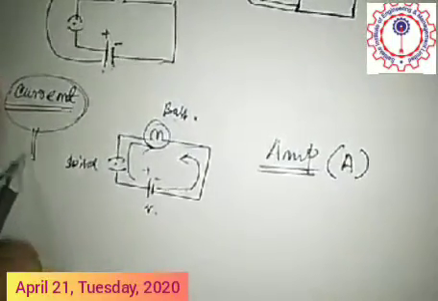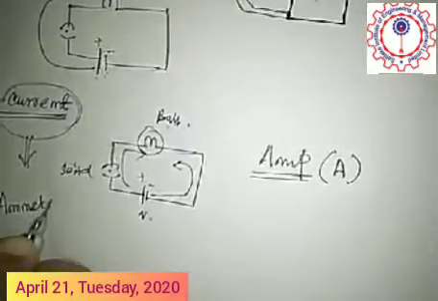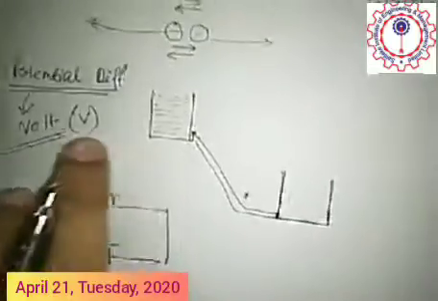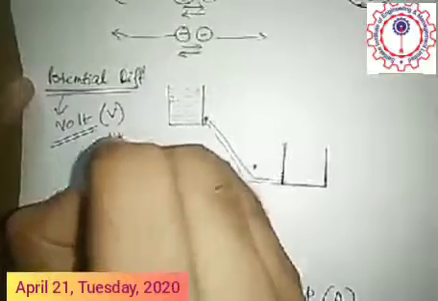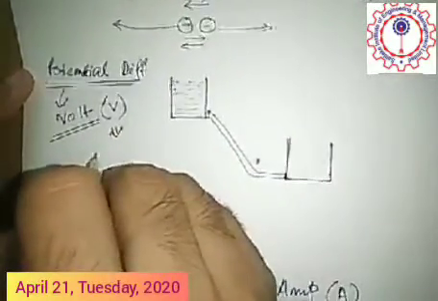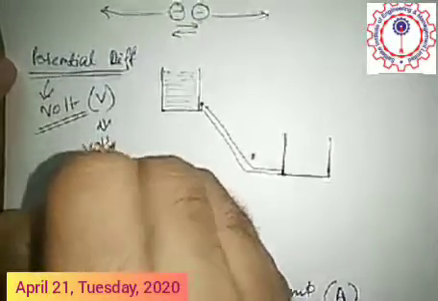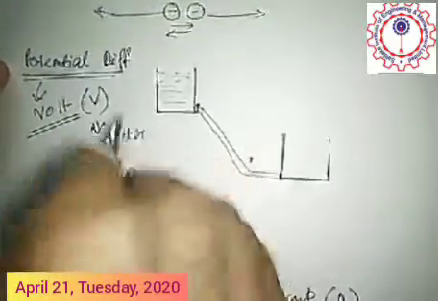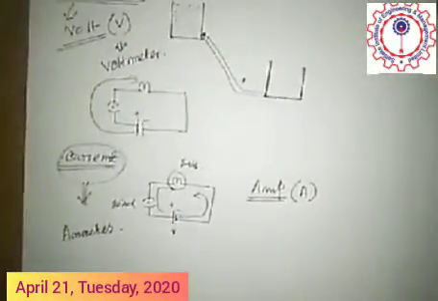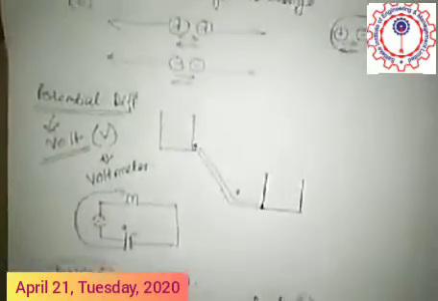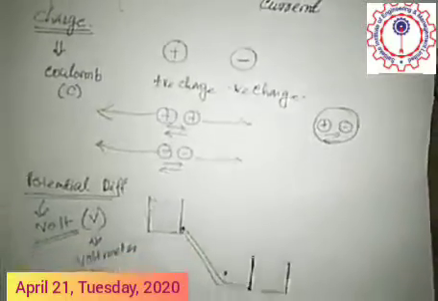This is the parameter which is measured with the help of an ammeter, and the voltage or potential difference is measured by another measuring device named a voltmeter. And these two, potential difference as well as current, are nowadays also measured with the help of a digital multimeter.